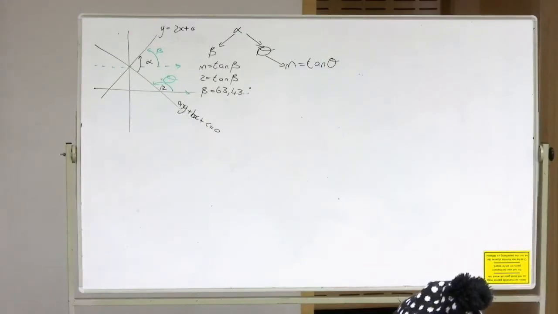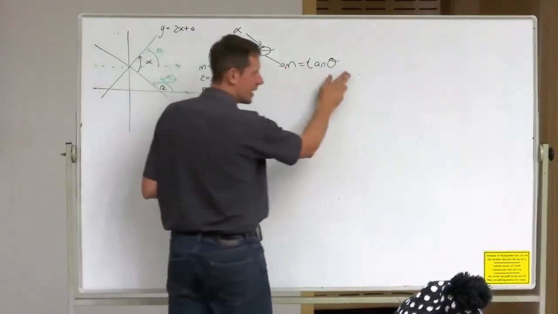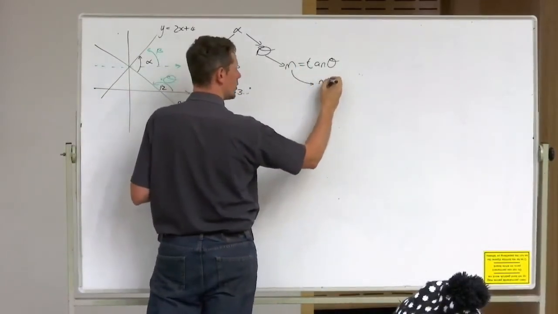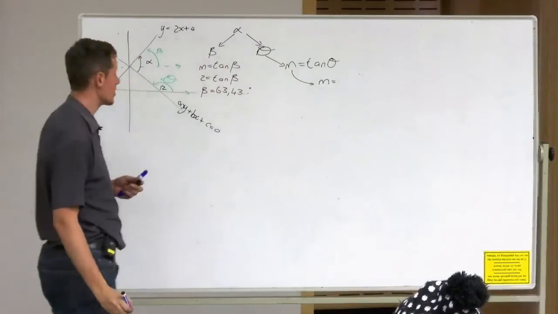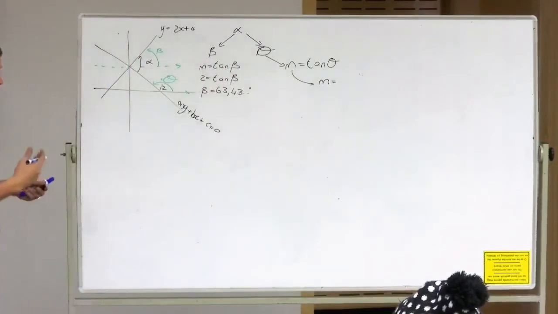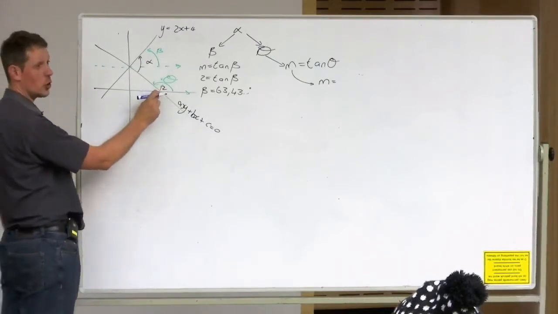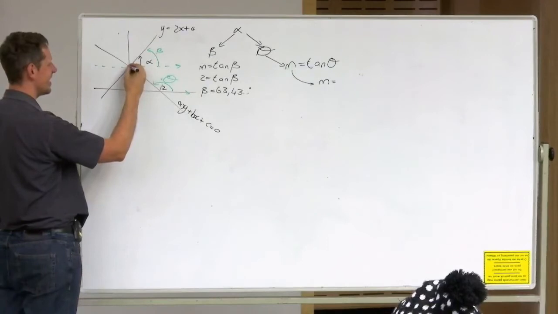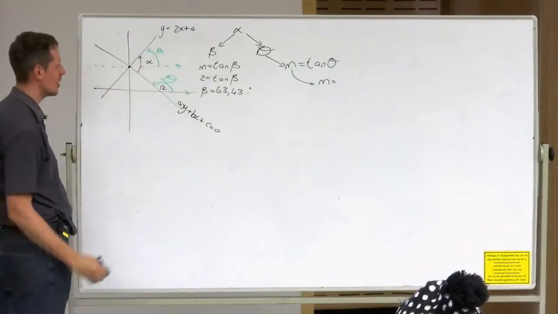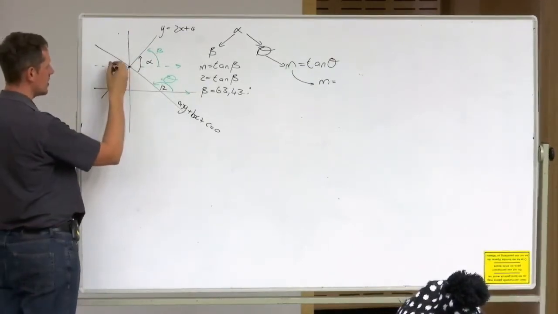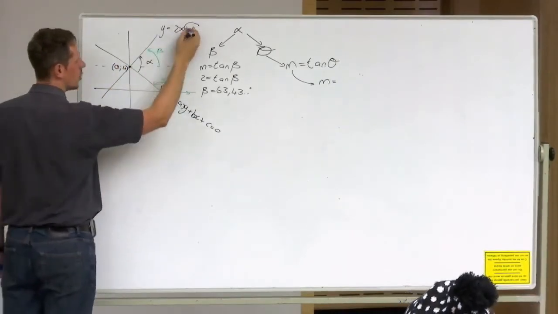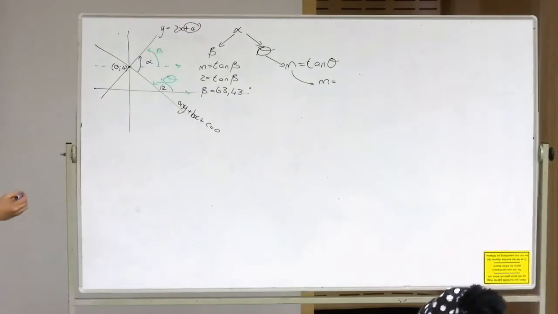Now I say, I need m to get theta. So m, I can do by using gradients. But the problem is, I only have one coordinate on it. But I can get a second coordinate. And that coordinate is 0, 4, because it is the y-intercept of that.